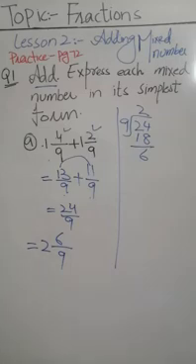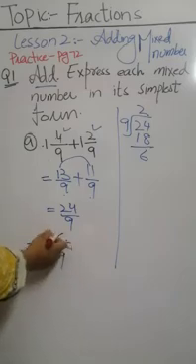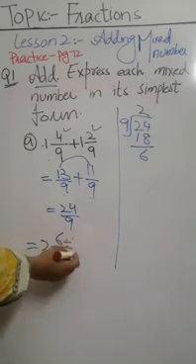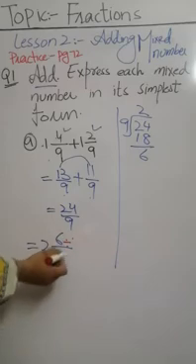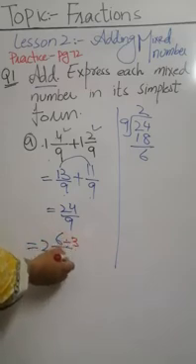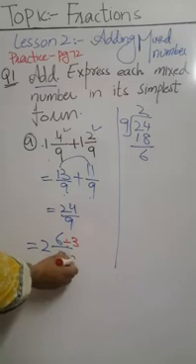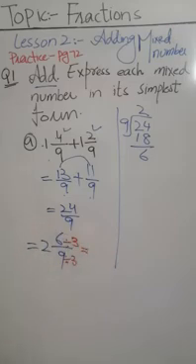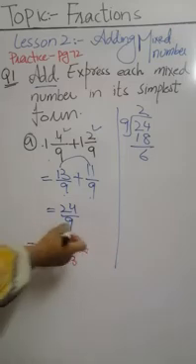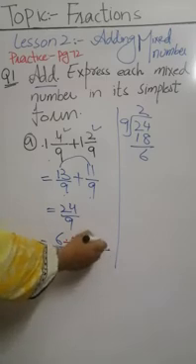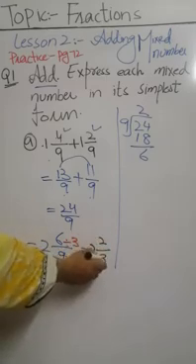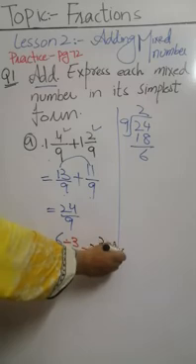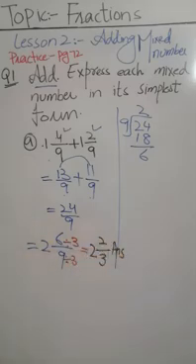We can simplify it more by dividing the numerator and denominator by the same factor. Two whole 2 by 3. So this is the answer.